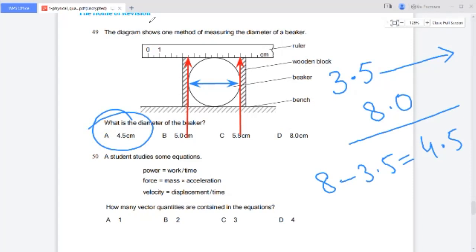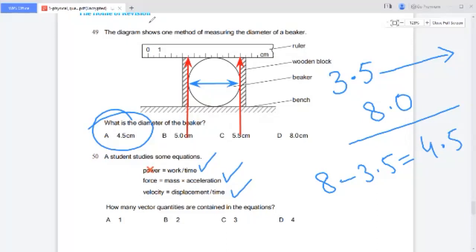In number 50, a student studies some equations. Power is work done per unit time. Force is mass into acceleration. Velocity is distance over time. How many vector quantities are contained in the equations?